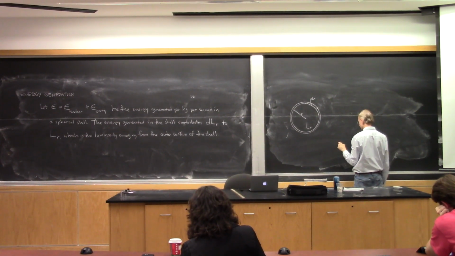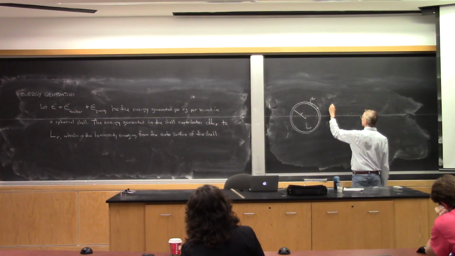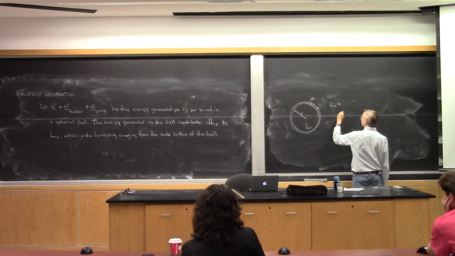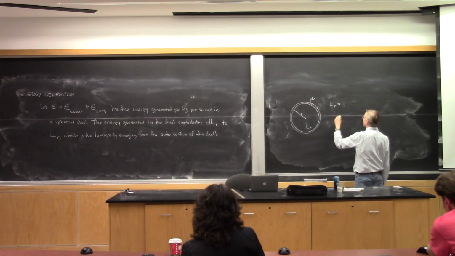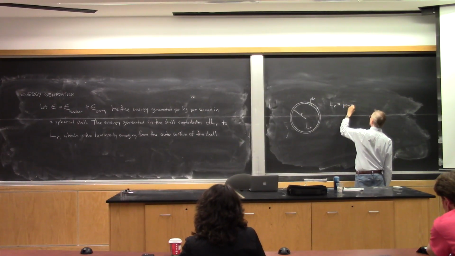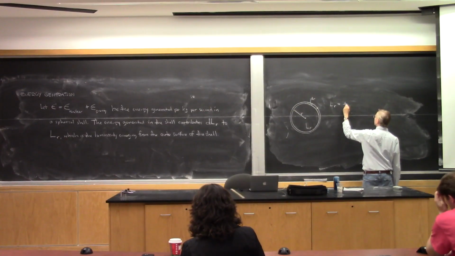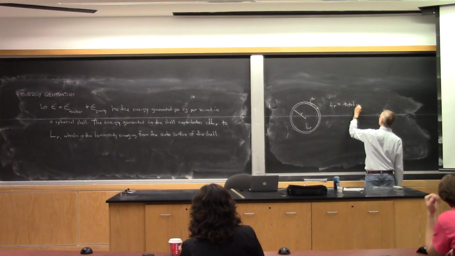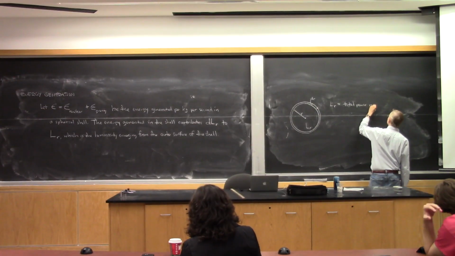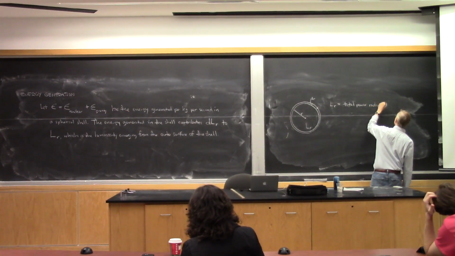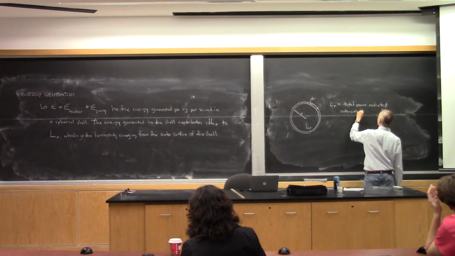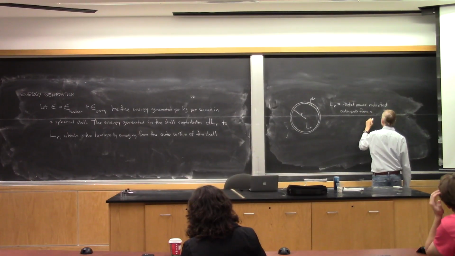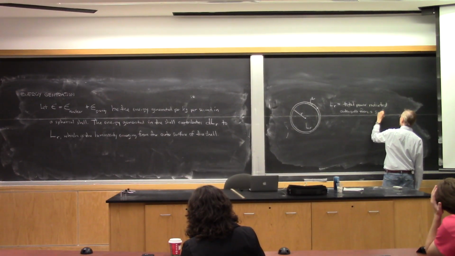So L_r equals the luminosity. It's the total power radiated outwards from a surface of radius r centered on the center.